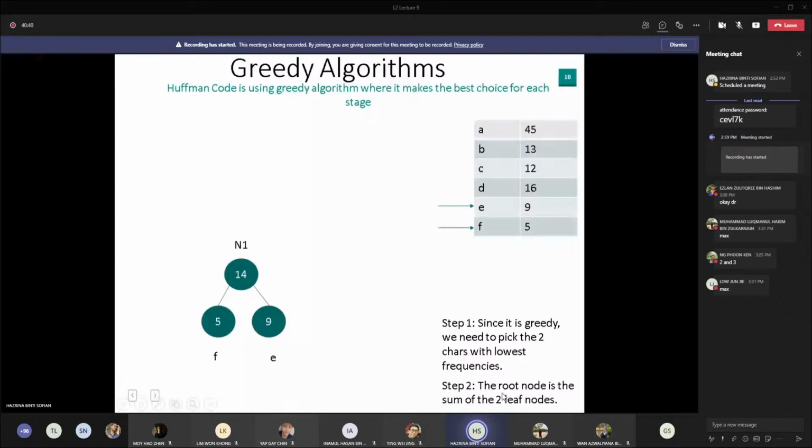The root node is the sum of the 2 leaves. So 5 plus 9 is 14. Then we get the first root node, which we call N1.